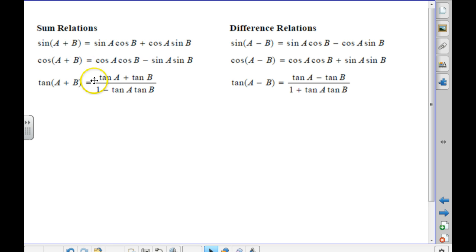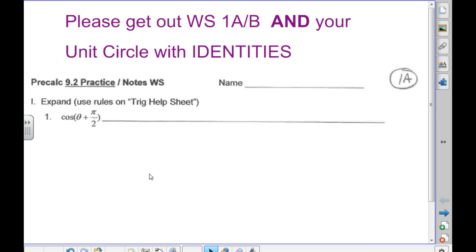It's a cosine, it has a plus, right? So I'm going to rewrite what you're seeing on that sheet. It says cosine A plus B. That's supposed to be a B, sorry. Equals cosine A cosine B minus sine A sine B.